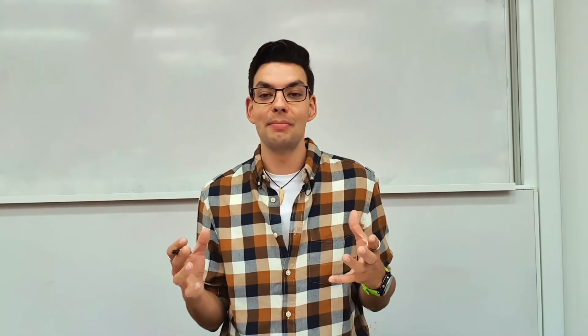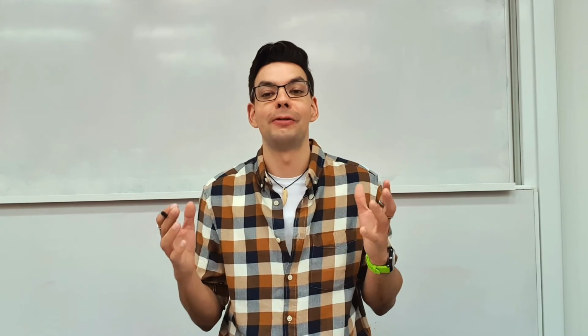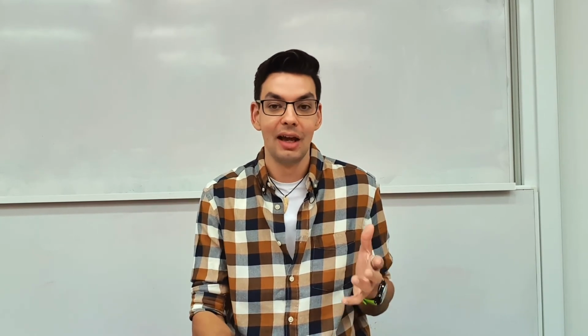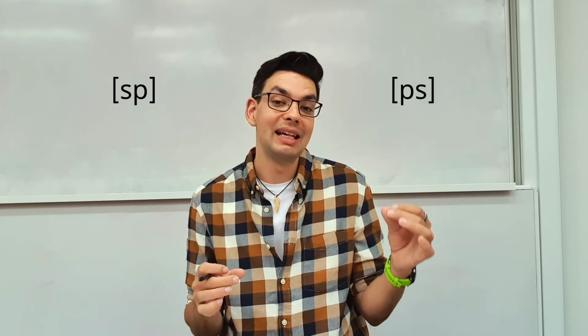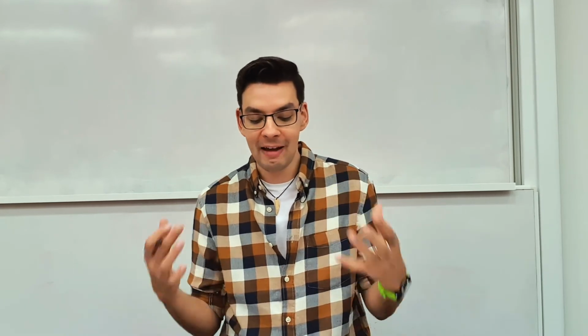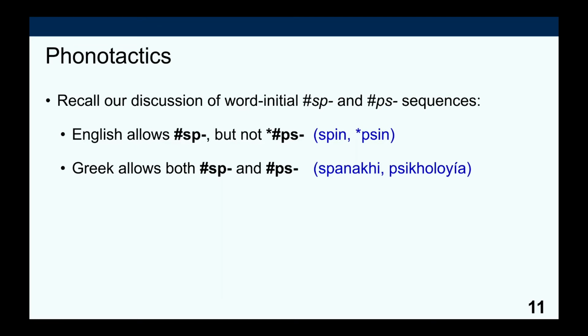So you might remember that in the first lecture we've already gotten our first glimpse of phonotactics. We have compared sp and ps in English and in Greek, and what we have found was that sp is legal at the start of words in English, but ps is not, so we can have words like spin, but a word like psin is ungrammatical, whilst in Greek both of these sequences are allowed at the start of words, so we can have both sp and ps, as in words like spanachi and psychologia.